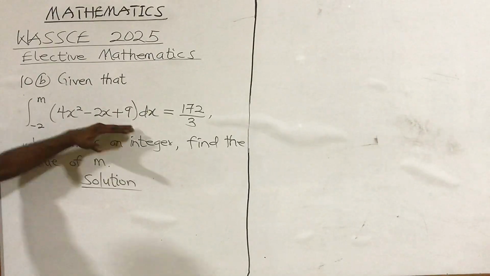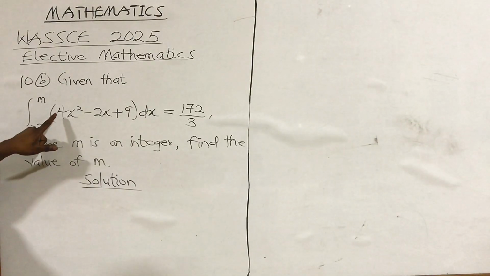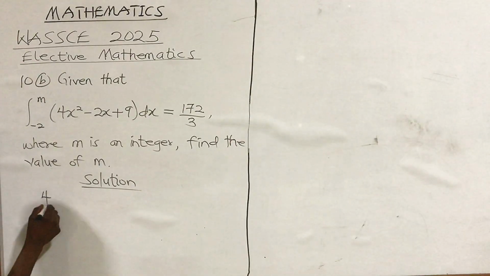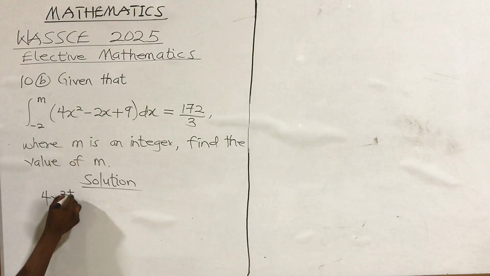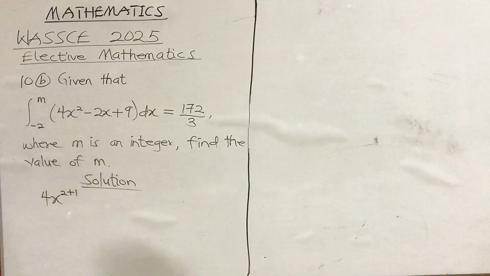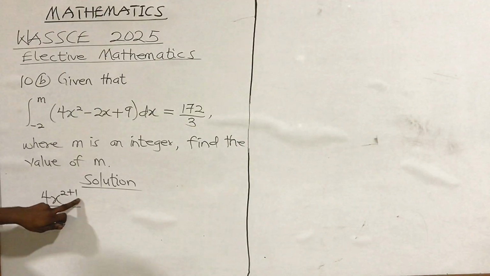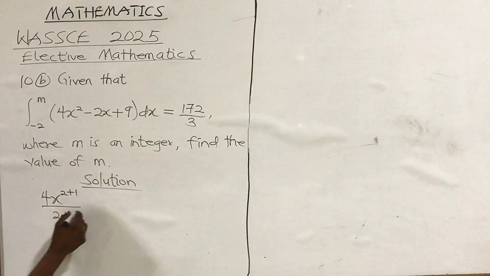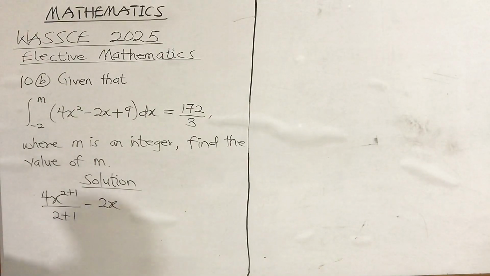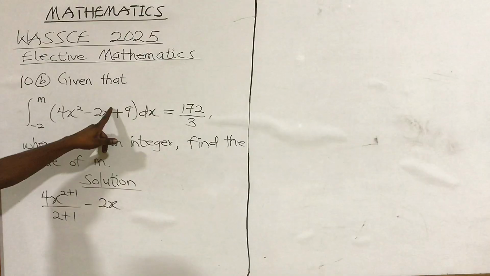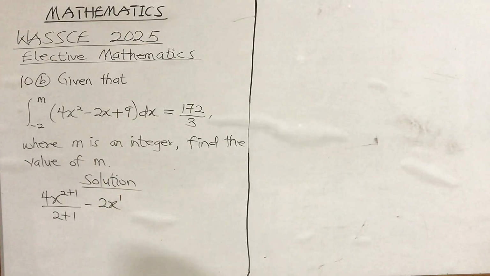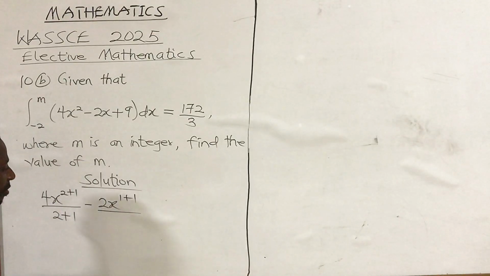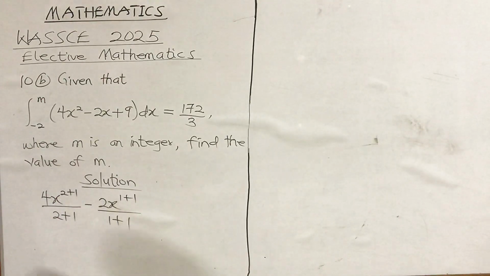In integrating 4x squared, you just add 1 to the exponent, divided by the same thing from the exponent, which is 2 plus 1, minus 2x. We all know that the x here has power 1. So I'll just add 1 to it. So plus 1 all over the same thing from the exponent, 1 plus 1.